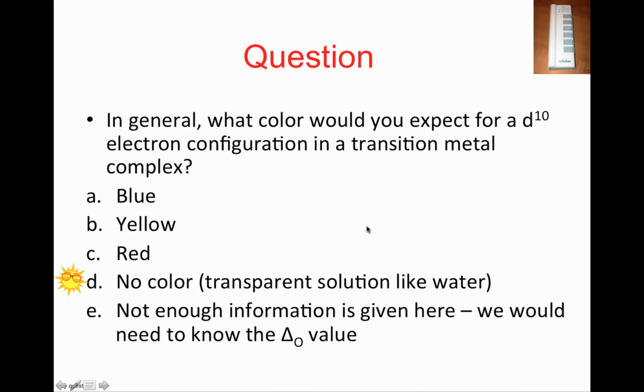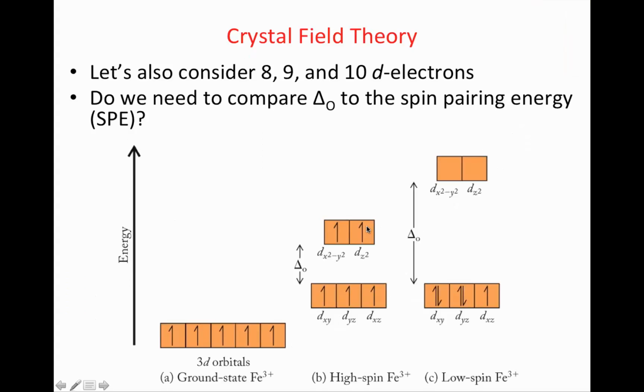Let's skip ahead. I know that this lecture is going just a little bit long, but let's do this for 8 or 9 or 10 electrons. In fact, yeah, this is certainly worth doing. Let's consider again the case where there's only a small amount of splitting, and the case where there's a large amount of splitting. Let's do this for a d8 electron configuration.